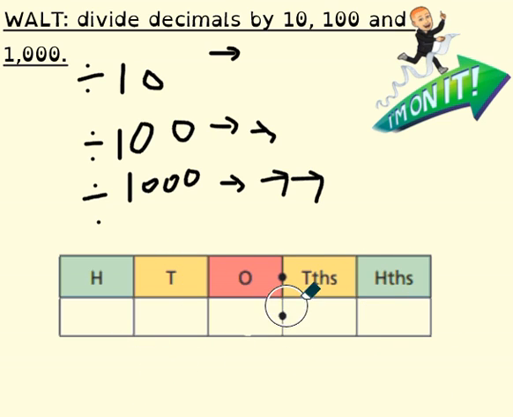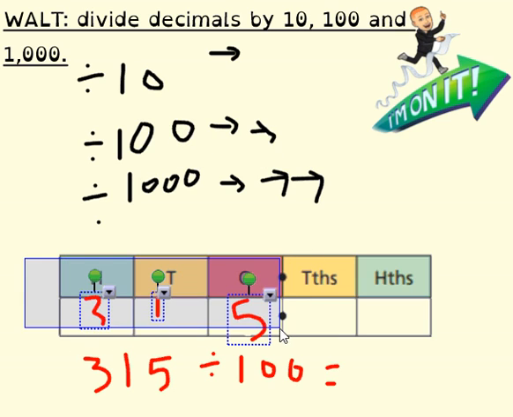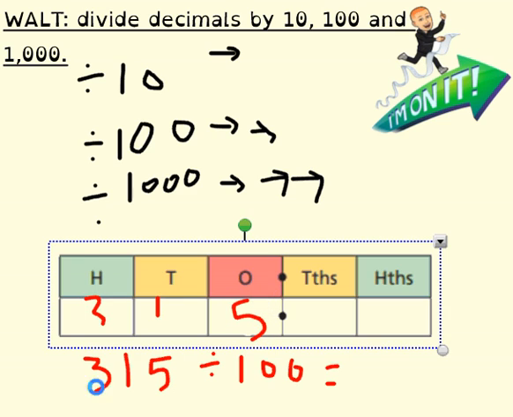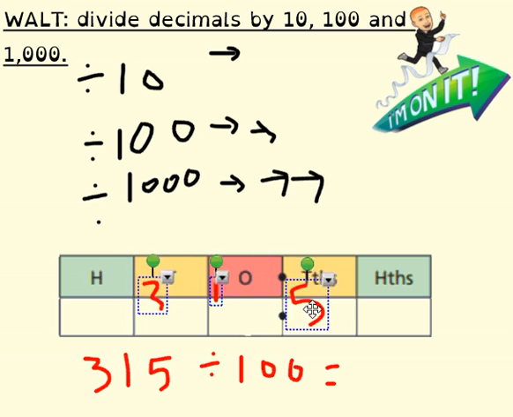Let's do 315 divided by 100. Write my 315 in. I'm dividing by 100, so as I said at the beginning, I'm moving 2 places. I'm dividing, so I'm going to the right. 1 place, 2 places.